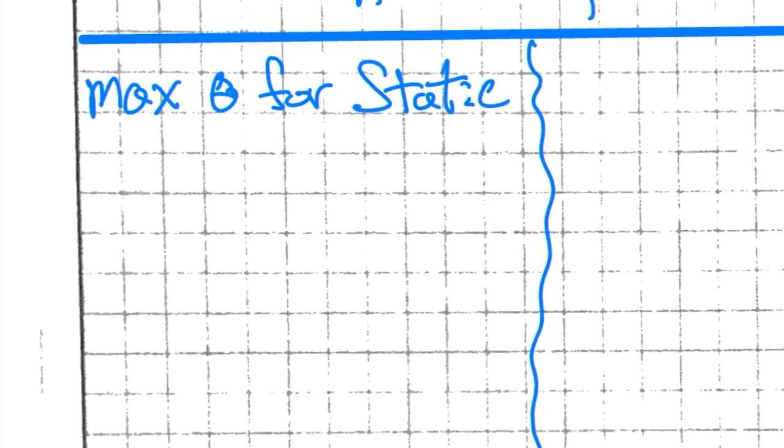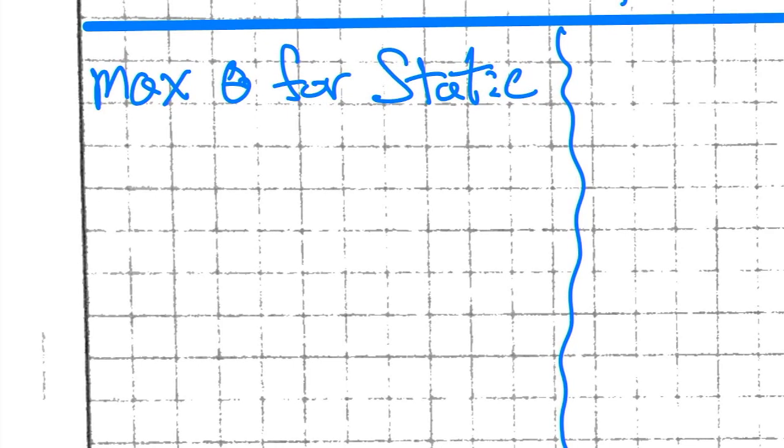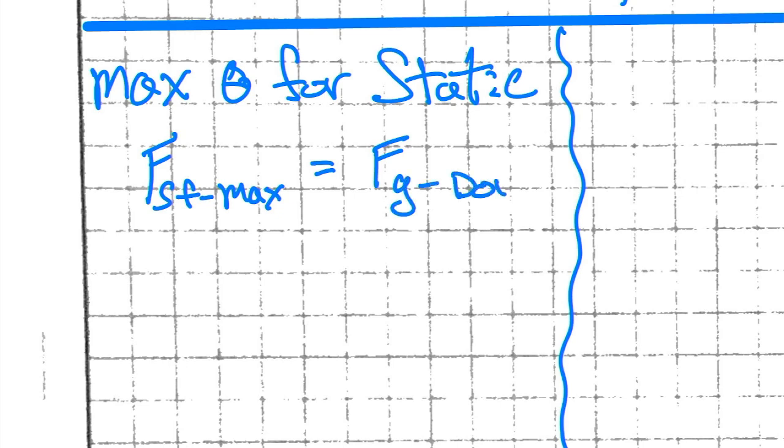Now, the maximum angle for static friction means that the force of static friction will be at its maximum. The block is just barely holding on. It is about to slip. And this is going to be equal to the force of gravity down the ramp. The maximum force of static friction is mu Fn.